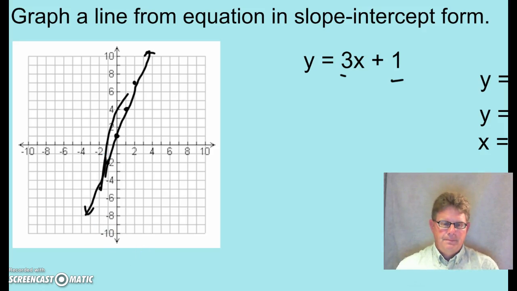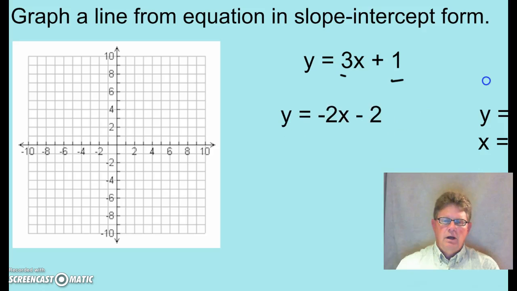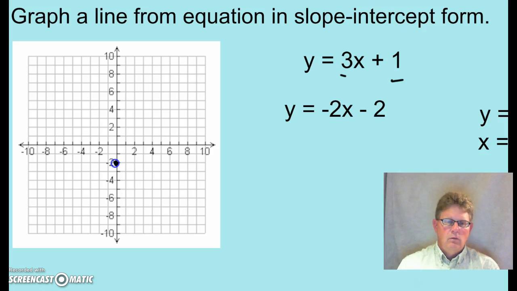Looks easy. I don't know if it is. I hope it is for you. Let's try y equals negative 2x minus 2. It goes through at negative 2. That's the y-intercept.